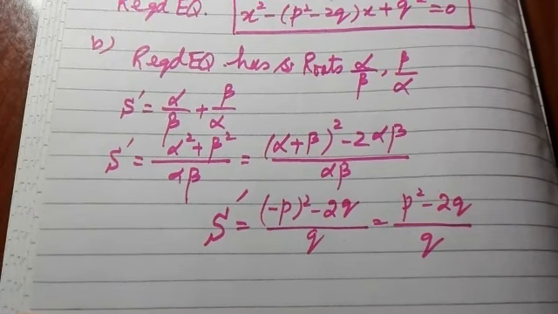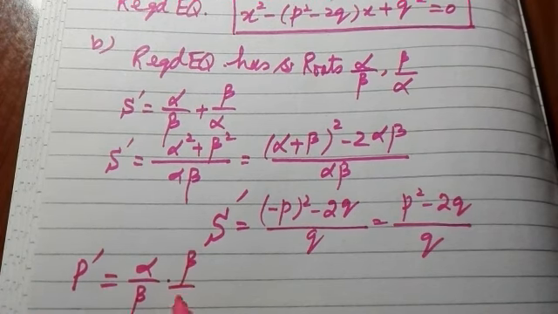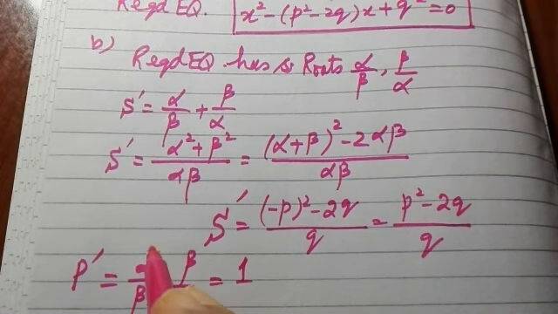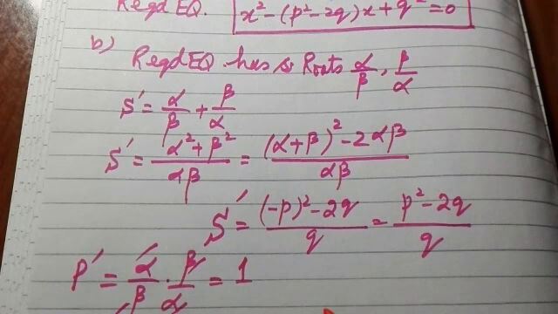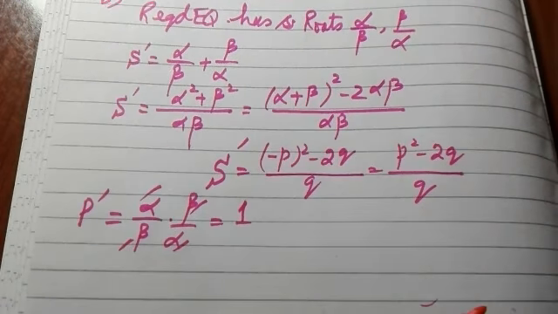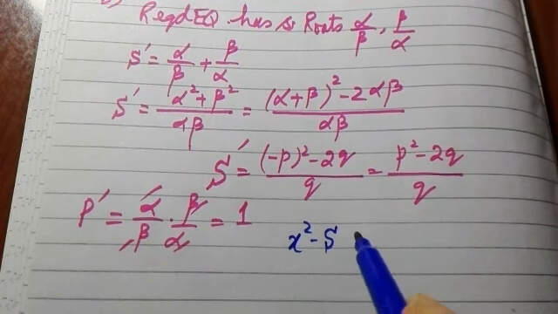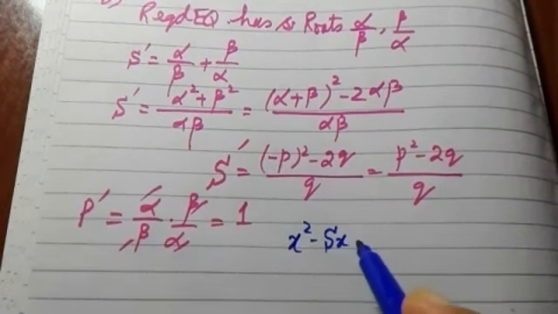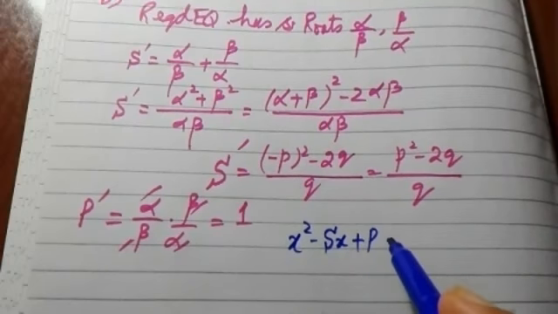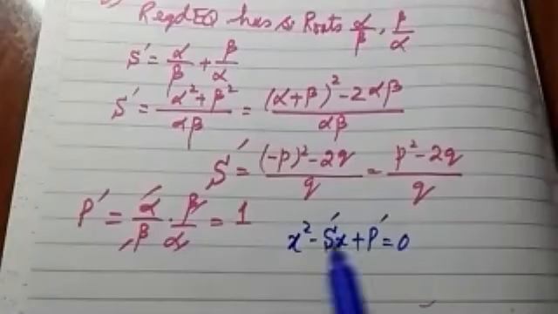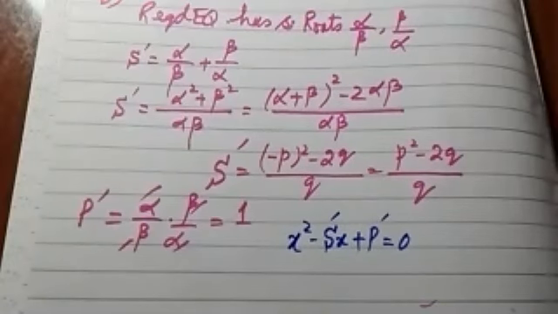Similarly, we will find the product. That will be much simpler because for alpha over beta times beta over alpha, the product of the roots will generate 1 because all these terms will be cancelled out. So the product will be 1. And the formula to generate the equation is x square minus sx plus p. We have already marked them s dash and p dash to make the difference from the sum and product of roots of the given equation and the required equation. So simply substitute the values now.